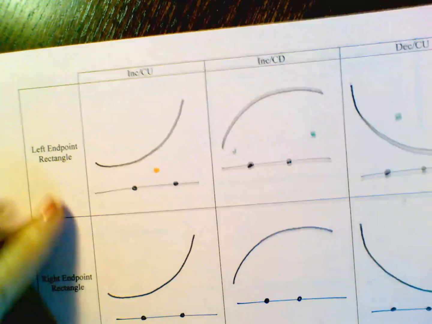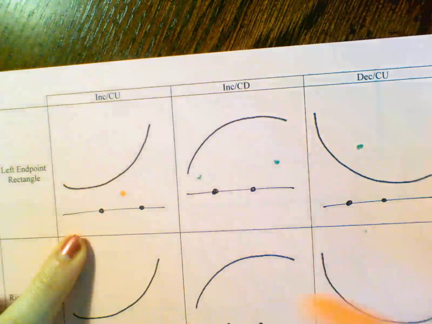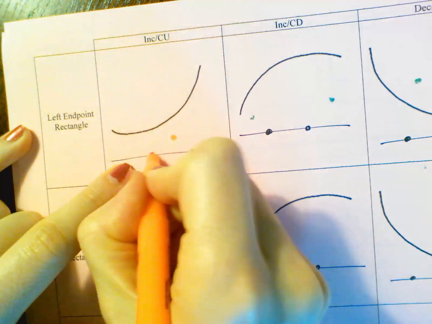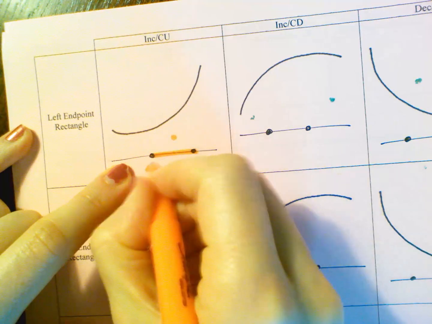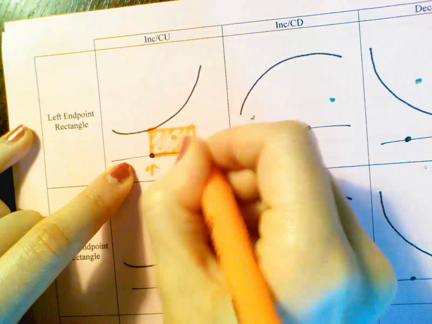Okay, here we go. Left endpoint rectangle. I'm going to do a left endpoint rectangle for this whole top row. So this is the base, left endpoint up to the graph, complete the rectangle.